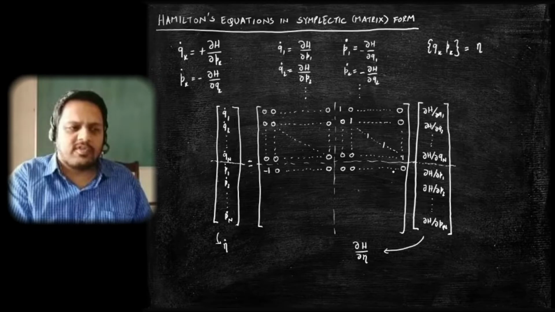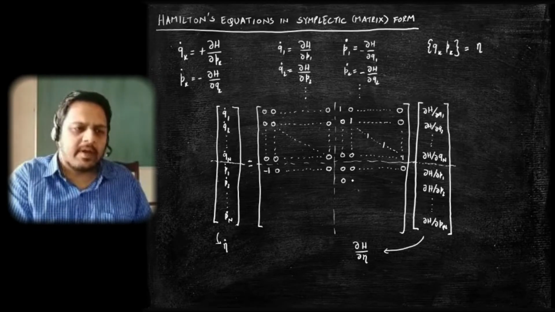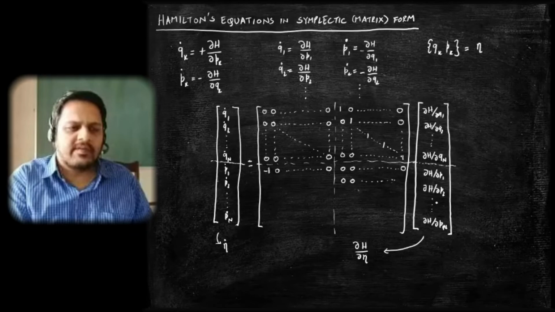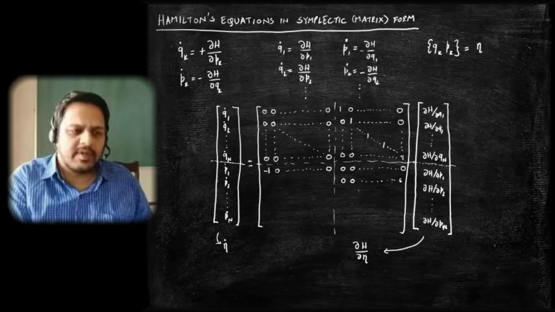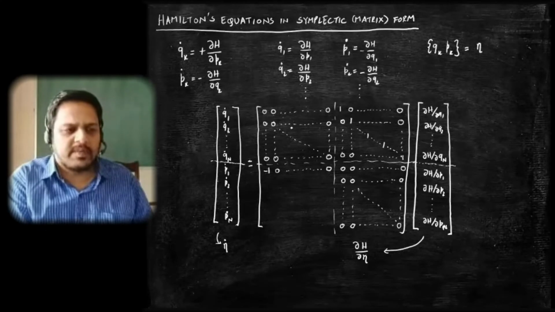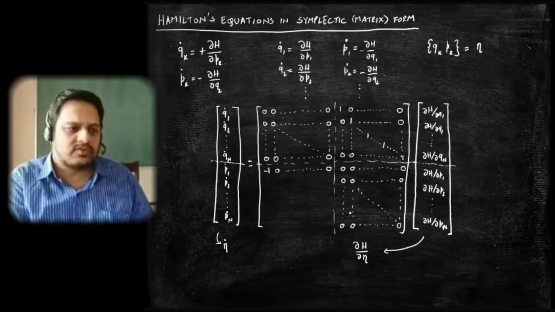The fourth part of the matrix, that is the bottom right part, will be exactly like the first part, because this basically talks about the linkage between rate of change of momentum and the derivative of the Hamiltonian with respect to momentum. They are not related to each other. P only depends on ∂H/∂q, not on ∂H/∂p. Hence, the fourth submatrix is the same as the first submatrix. It is also filled with zeros.